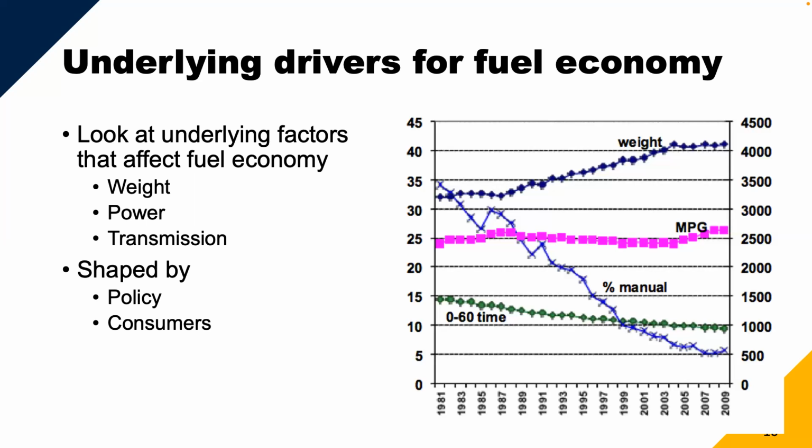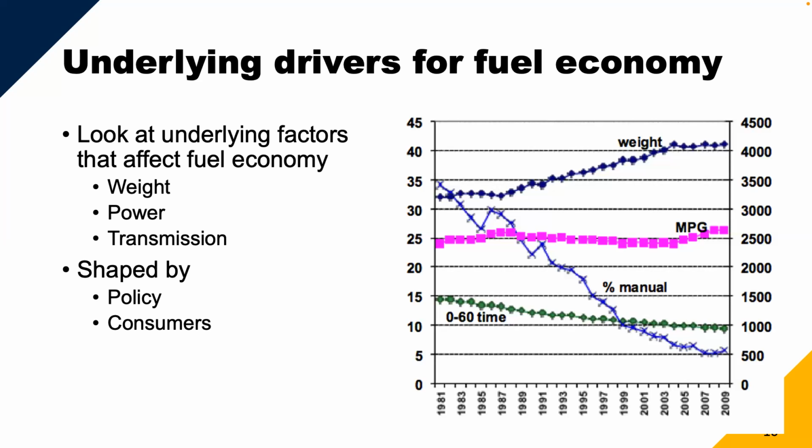Generally, the higher power that you have, all else equal, the lower your fuel efficiency as well. And so if I look at trends in, for example, weight and power, you can see the weight increases and that the acceleration is improving. So this is 0 to 60 times.